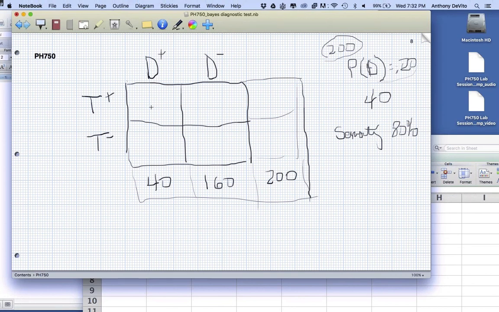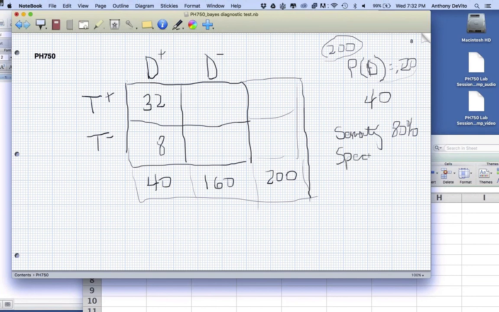How many do you think I would get that test positive? Right, 32. 80% of those 40 people will test positive, and 20% of them, or the difference, will test negative. It's going to add up to 40. Okay, so now I'm going to look at these 160 people that don't have nickel sensitivity.